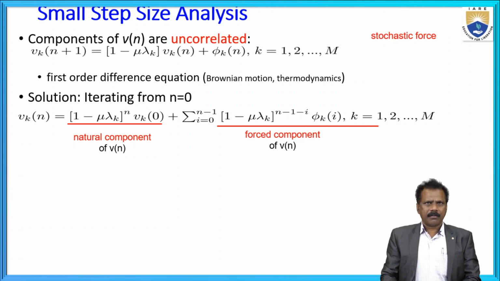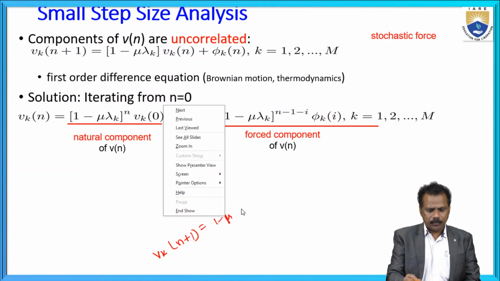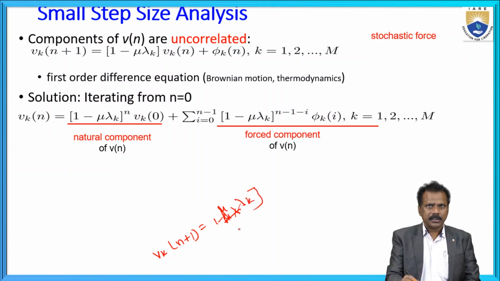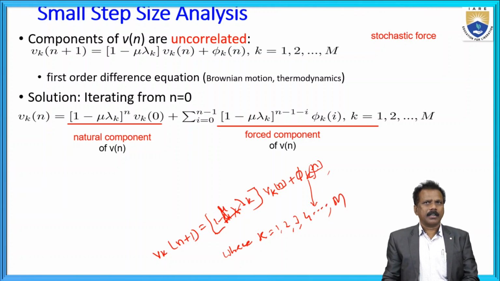If we use this method, v k of n plus 1 is equal to 1 minus mu lambda k, into v k of n plus pi k of n, where k is equal to 1, 2, 3, 4 and so on up to m. We know the m value.